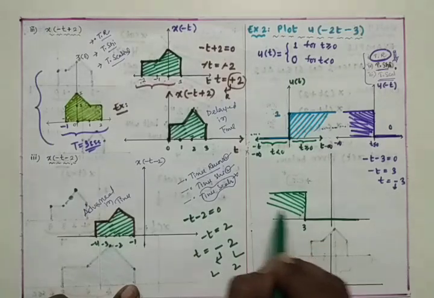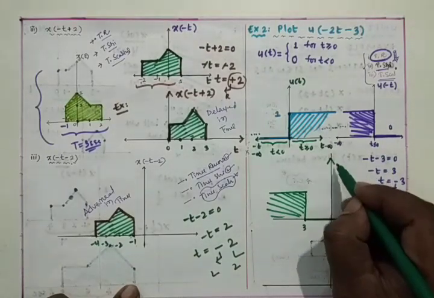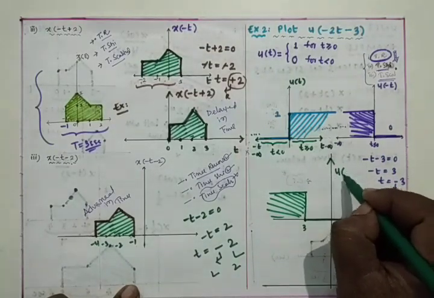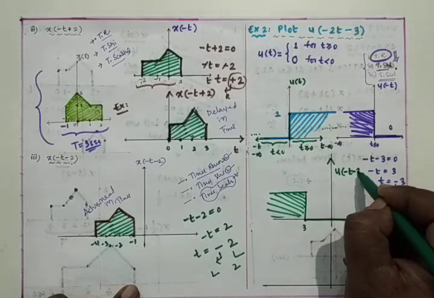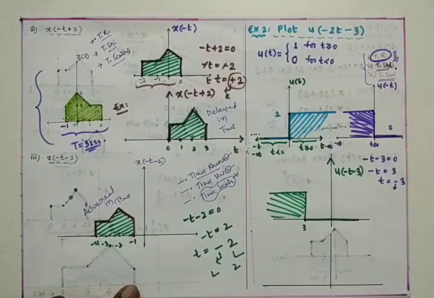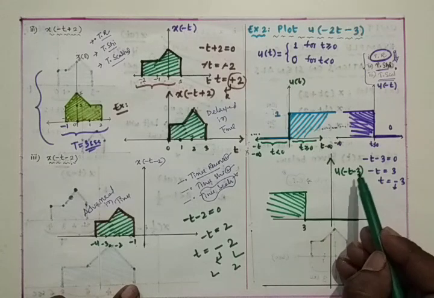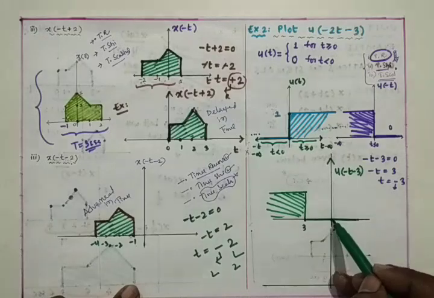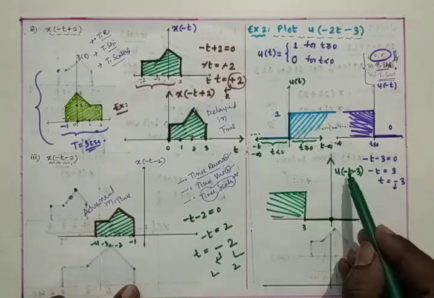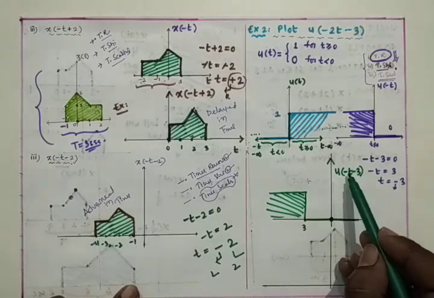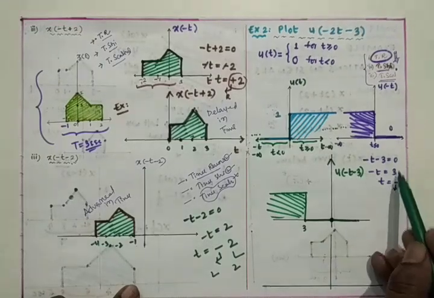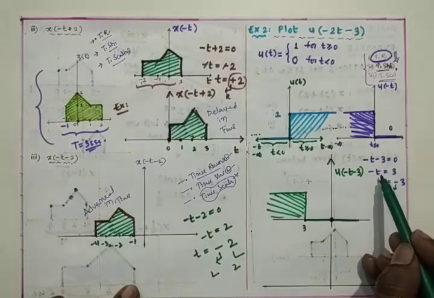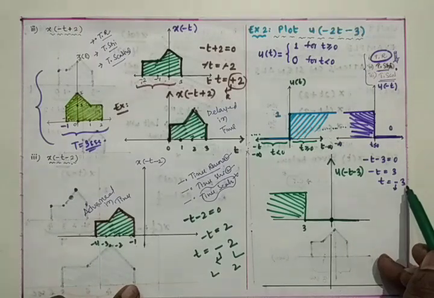Now this signal's name is u of minus t minus 3. If it is simply u of minus t, we have the signal from t equals 0 onward. But due to the time shifting operation, minus t minus 3 equals 0, so minus t equals 3, so t equals minus 3.